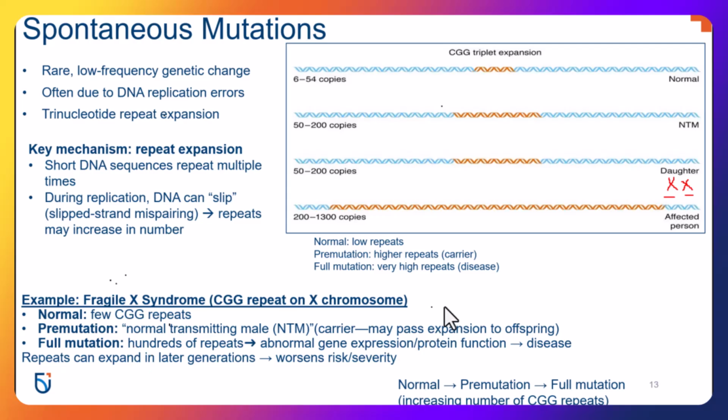Now, what's interesting here, and sort of a big message from this diagram, is that the premutation tends to stay relatively stable when it's transmitted from a male to his daughter. Meaning when a father passes on those repeat numbers, it usually doesn't expand dramatically. So let's call this guy Bob.